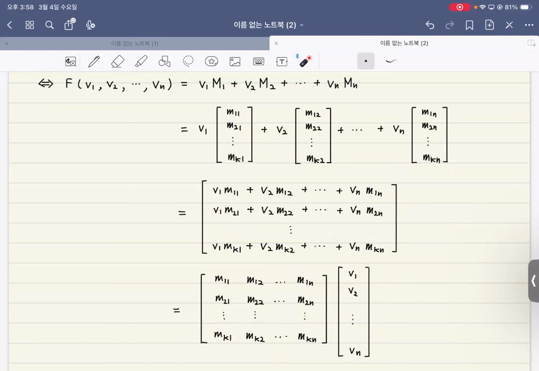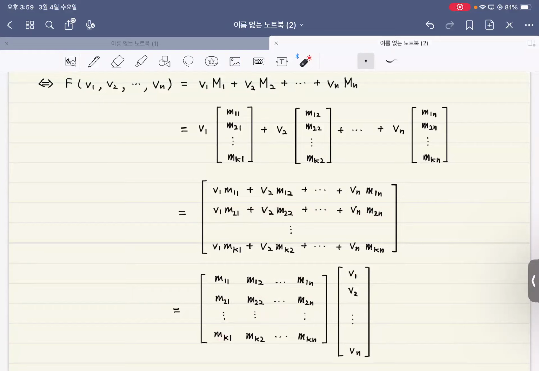So, this one times this plus this one times that plus this one times this. It's going to be the first entry, which is precisely this one, right? And this one times this, plus this one times that. Once you take the summation of all these numbers, you're going to get this second entry.